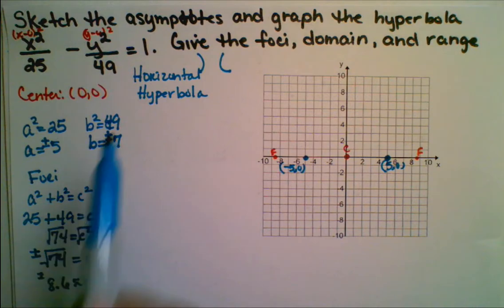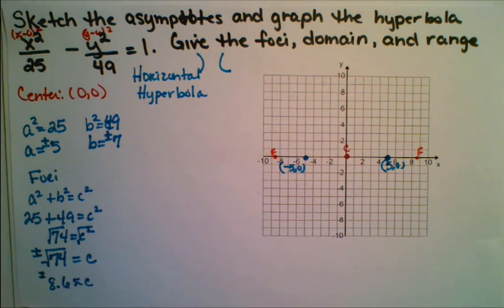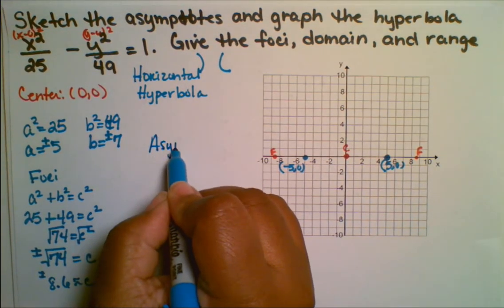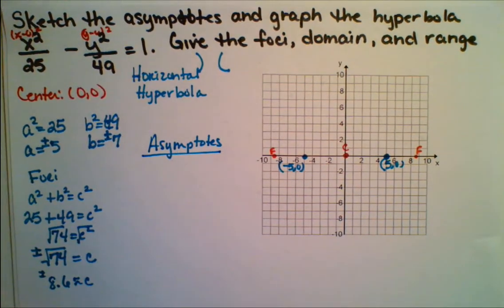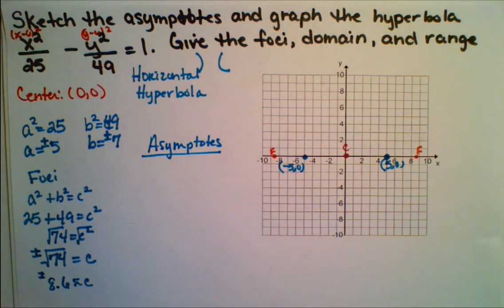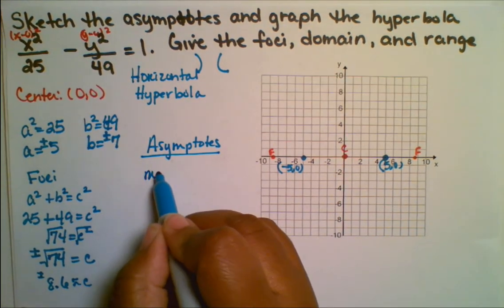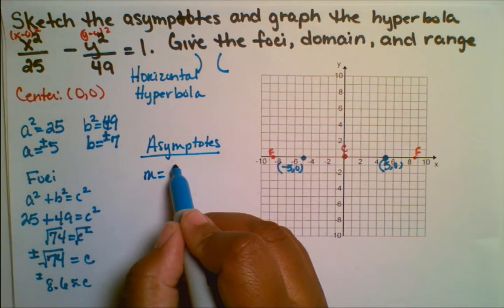So we need to find b and a. That's why I had you find our b squared and then b. So to find the asymptotes, we're going to use the slope form. Now, every textbook teaches it differently, and I think this is probably the easier way to find the asymptotes.